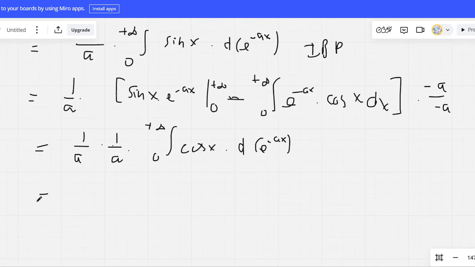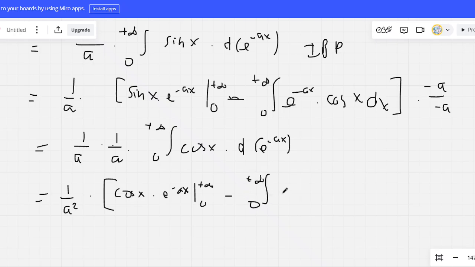And the reason why is we can do another integration by parts. This is 1 over a squared times cosine of x times e to the minus ax, evaluated from 0 to positive infinity, minus the integral from 0 to positive infinity of e to the minus ax times sine x times dx.